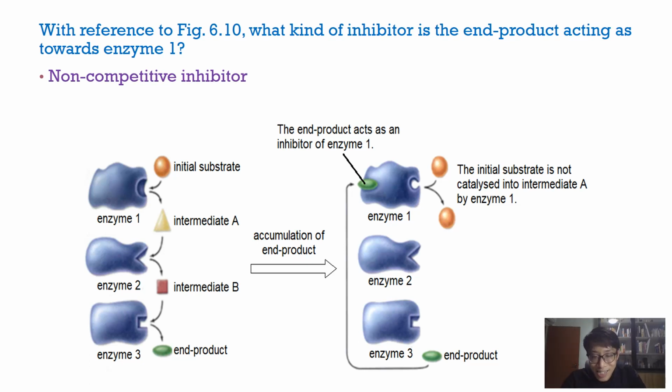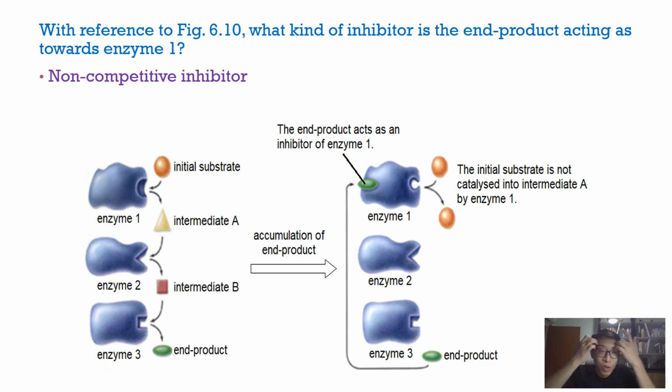The end product itself, if you look at it in context to enzyme 1, serves as a non-competitive inhibitor to enzyme 1, and that stops the function of enzyme 1, as you can see in the diagram.